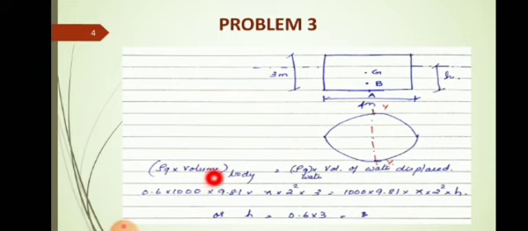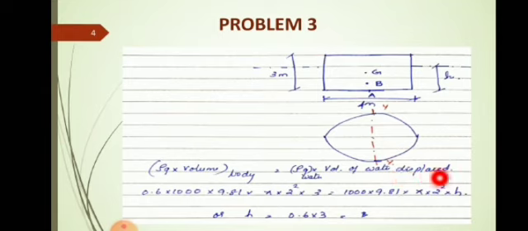into volume. What is the equation for volume of a cylinder? Pi r square h. So pi into radius is 2, so 2 square into height is 3 meter. On the right hand side rho is that of water, so 1000 into g is 9.81 and the volume of water displaced will again be pi r square h.